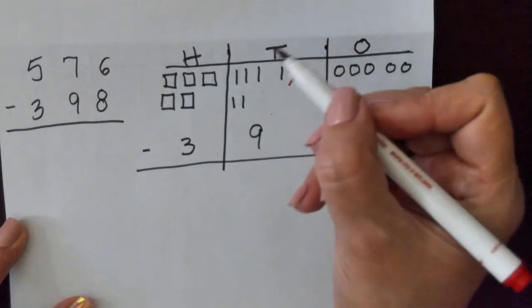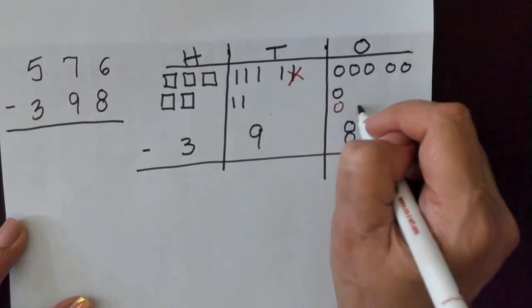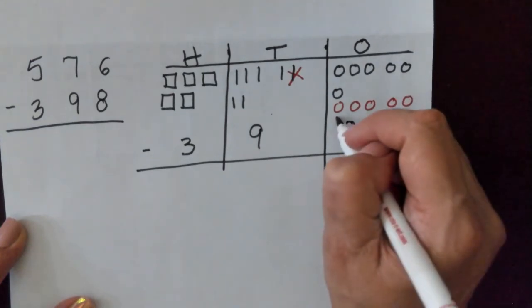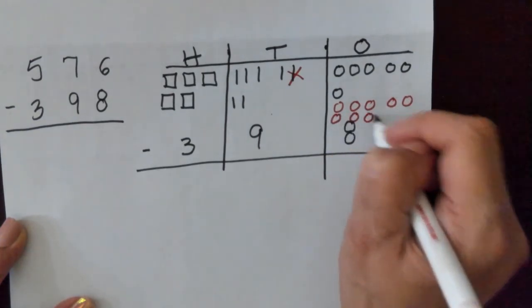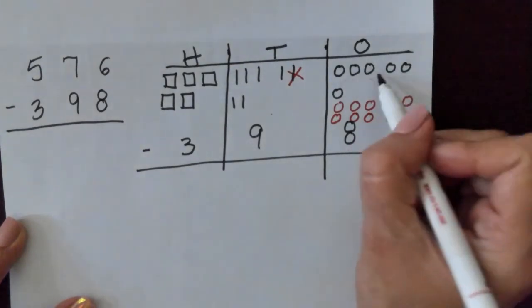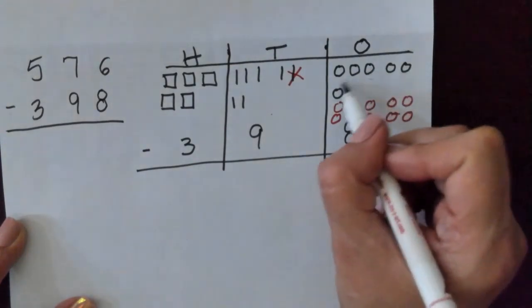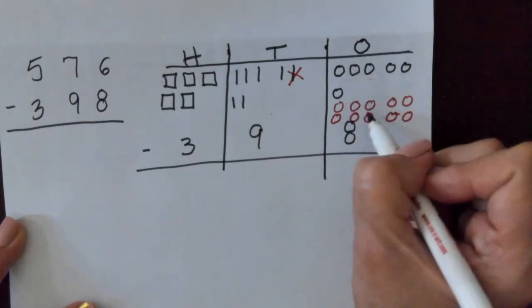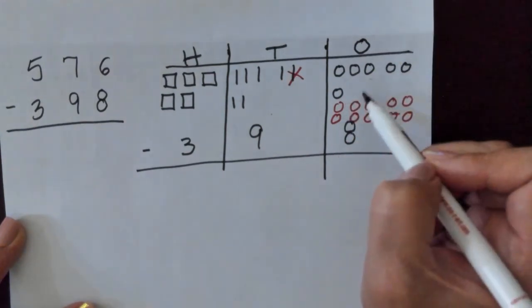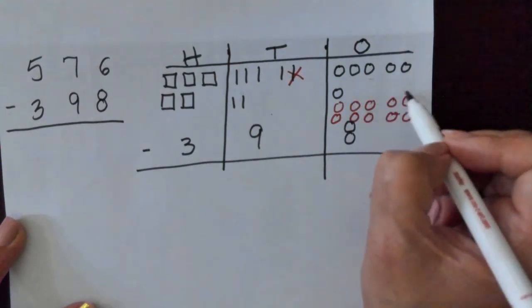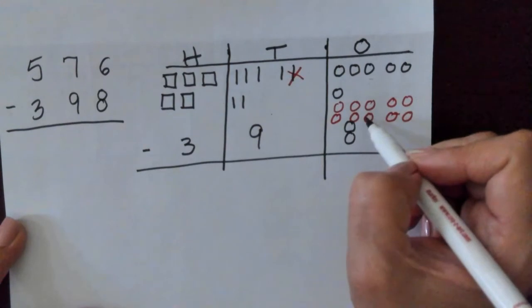I'm going to use a different color. 1, 2, 3, 4, 5, 6, 7, 8, 9, 10. That's why I said I should have put it a little further down. Do not mix it with here. Do not put it here because then you're going to get confused. Because there's already 6 here and kids will go 4, 6, 7, 8, 9, 10. So they put the wrong amount here. Okay?